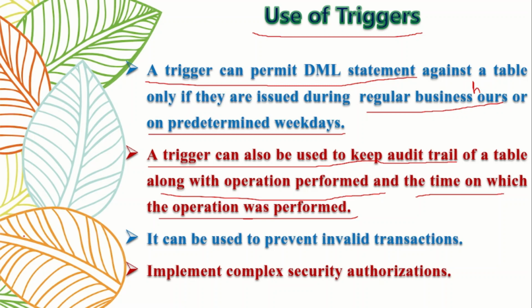If you are going to delete a record from a table, again it will keep a backup of the deleted record, and in operation it will keep deletion. And if you have updated a record of a table, it will keep the previous data of that particular record and will keep the operation type as updation. Clear? That kind of thing can be taken care of with the help of triggers.